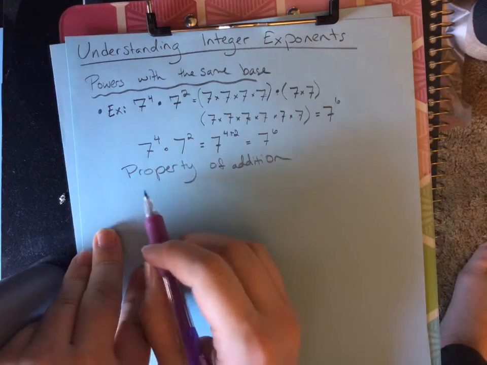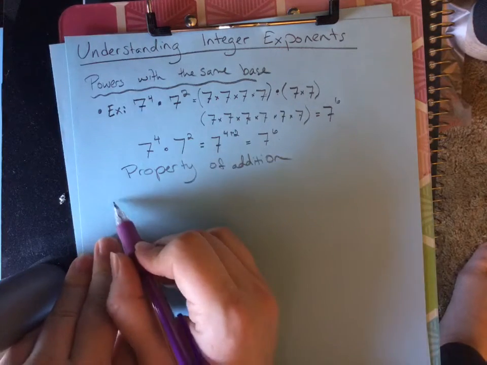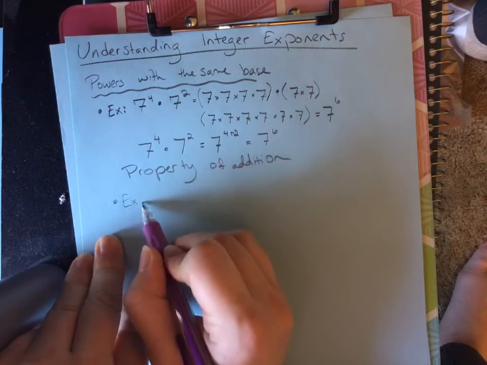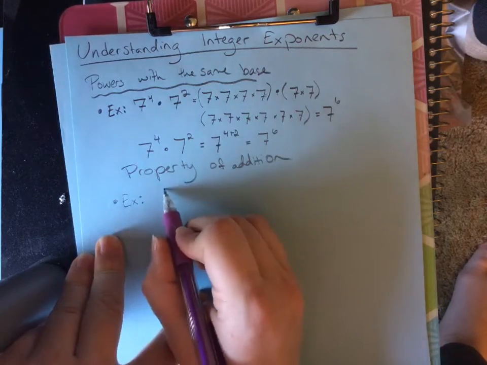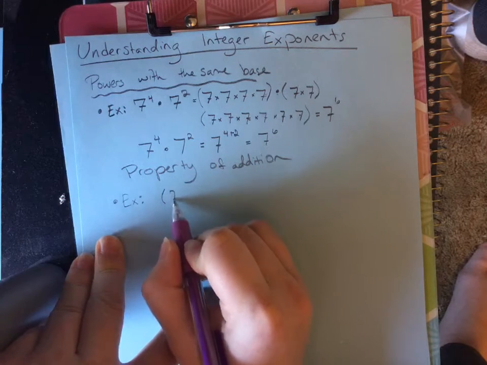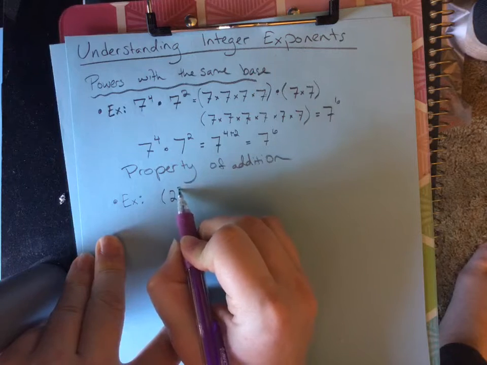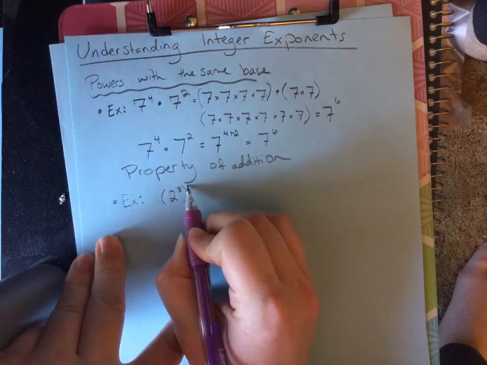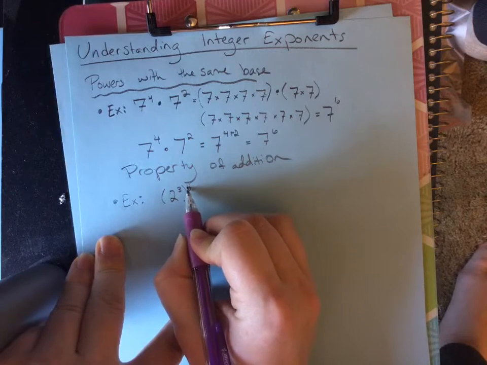Well, we've got another one that's going to look a little bit like this. Let's say I've got 2 to the 3rd power, and all of this is raised to the 4th power.